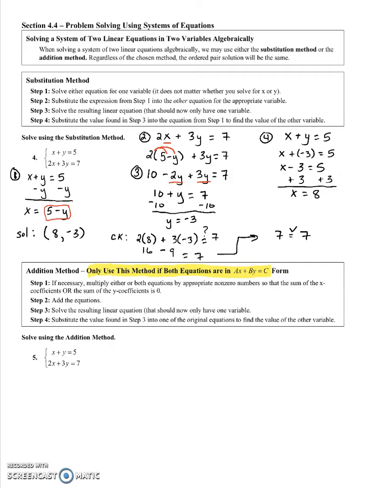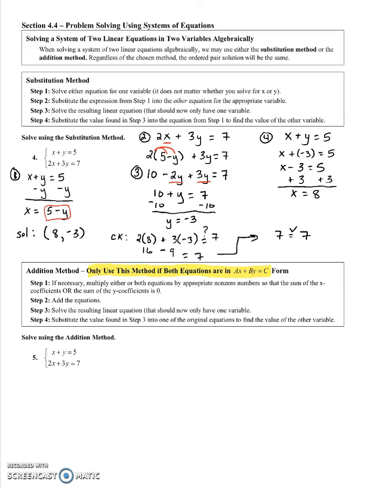The first step is, if we need to, multiply one or both equations by appropriate non-zero numbers so that the sum of either the x coefficients or the y coefficients is 0. Then we add the equations, then we solve what's left, and then we substitute again, like we did before.